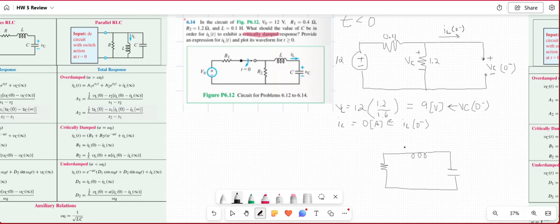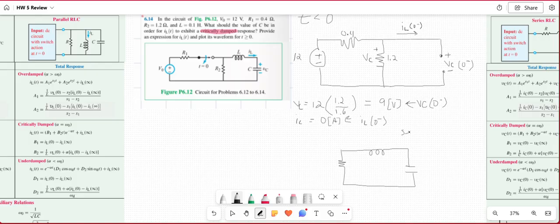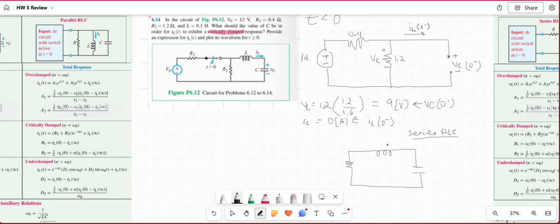And we can see here this is a series RLC circuit, this thing up here. So L is 0.1, and then we still have current IL.